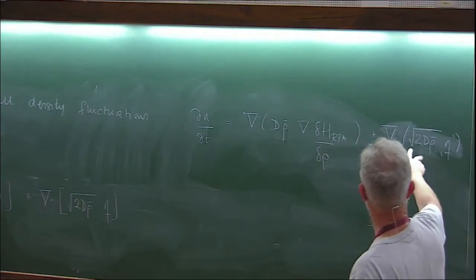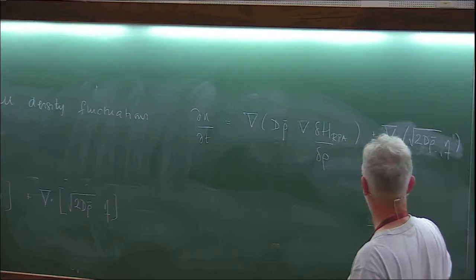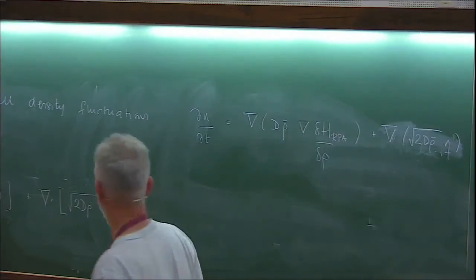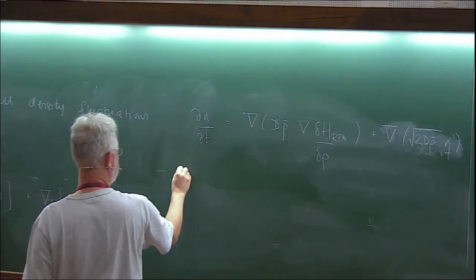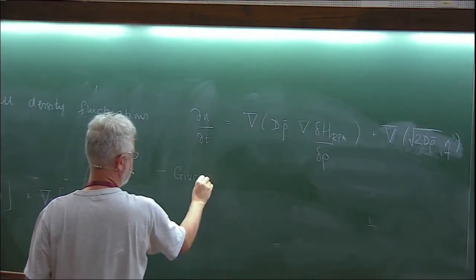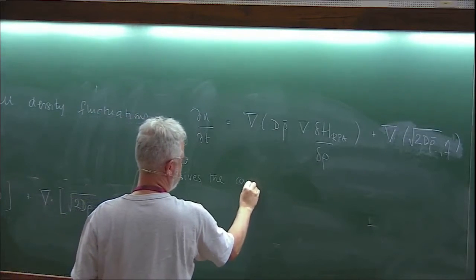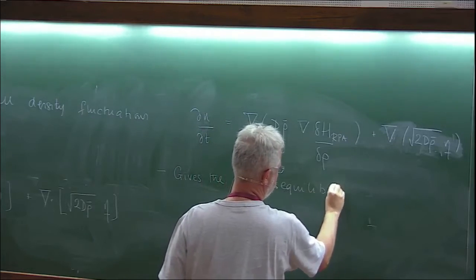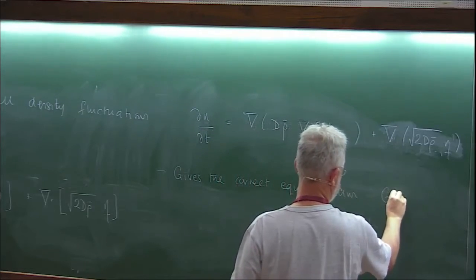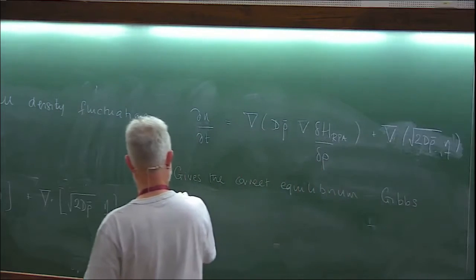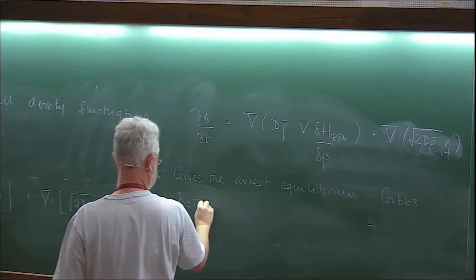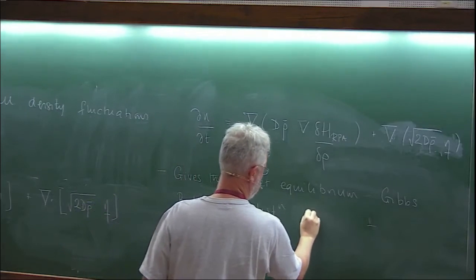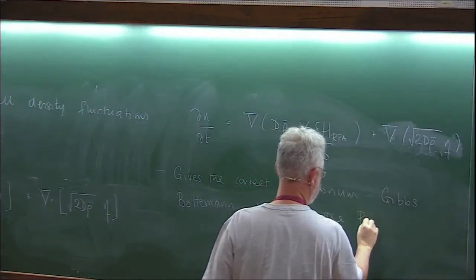When I square up this operator, this noise, as an operator, actually gives me this term here, so I get the right Gibbs-Boltzmann distribution. So this gives the correct Gibbs-Boltzmann equilibrium in the RPA.